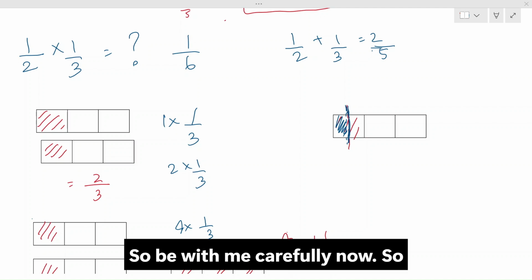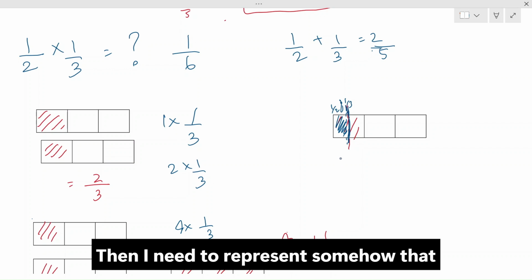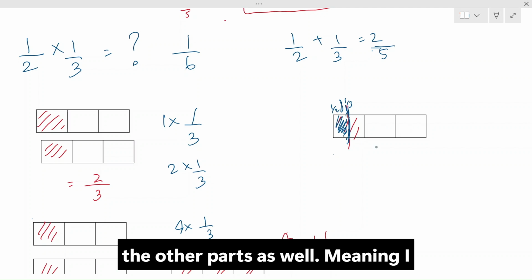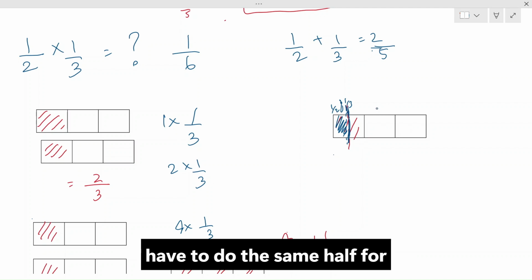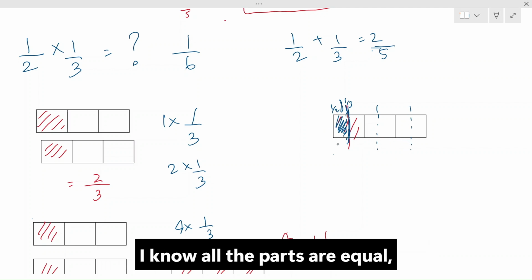So be with me carefully now. If this is half of 1 by 3, then I need to represent somehow that this half is equally done for all the other parts as well. Meaning, I have to do the same half for everything, like the three parts, so that I know all the parts are equal.